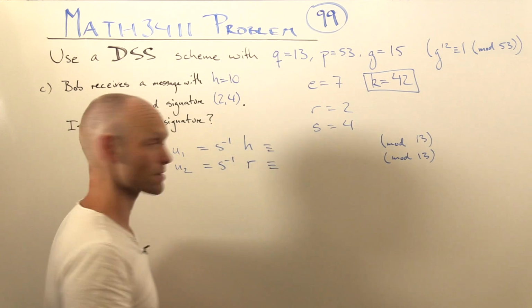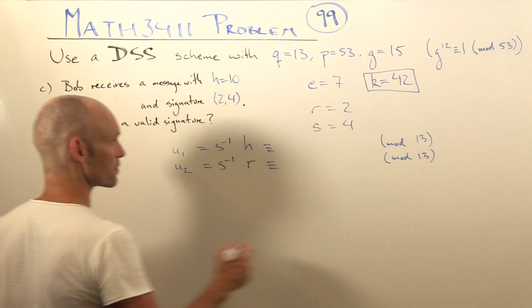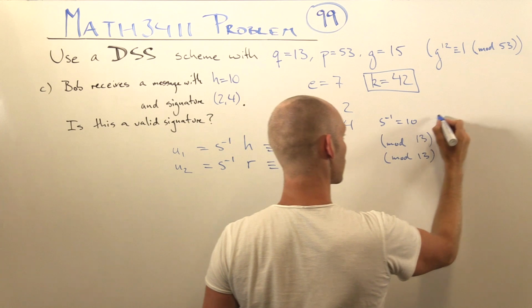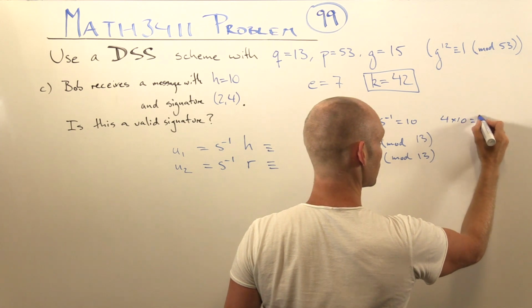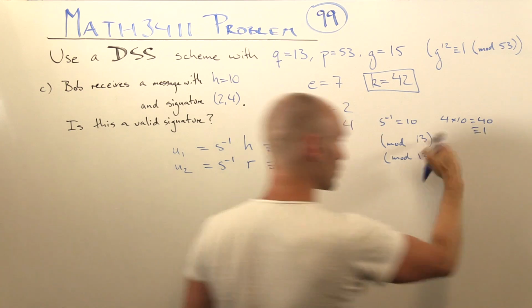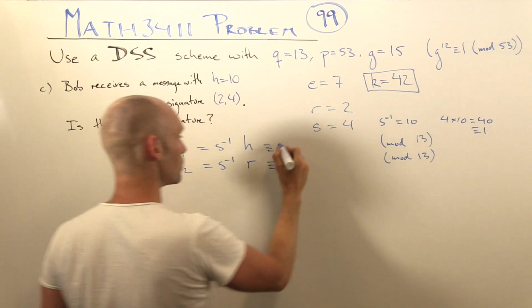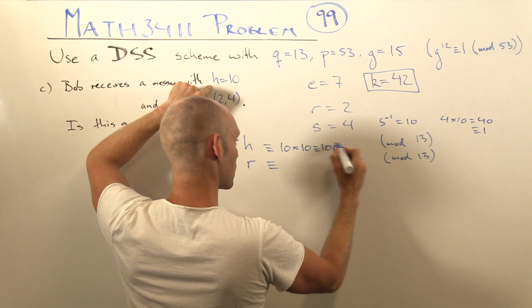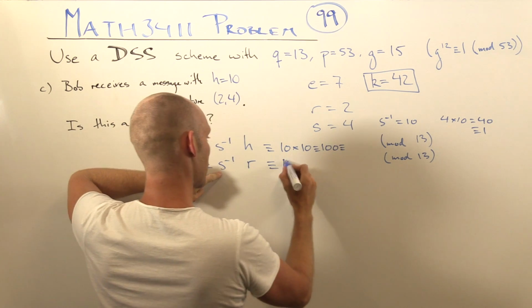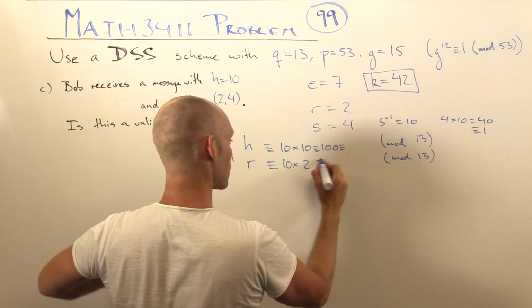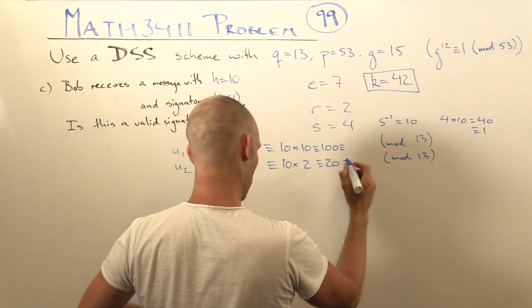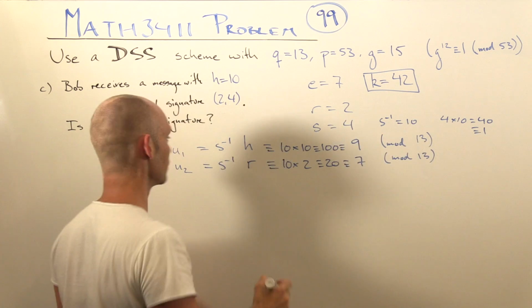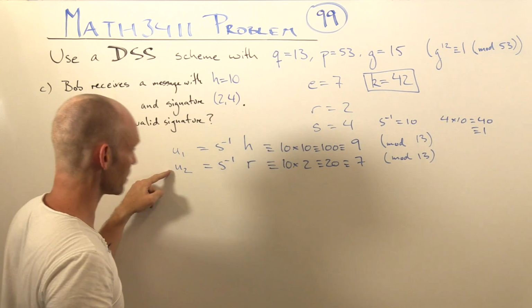And you can see that that's 10, because we've got 4 times 10 is 40, which is congruent to 1 mod 13. So this is 10 times 10, or 100. And down here it's 10 times R, which was 2, which is 20. So here we have 9, and here we have 7. So we've worked out these two values, U1 and U2.